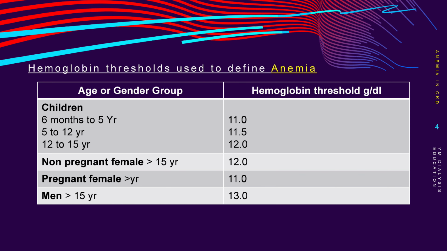In adults with CKD, for females aged 15 years or older, anemia is diagnosed with a level of less than 12 grams per deciliter or 120 grams per liter. For men, a hemoglobin level of less than 13 grams per deciliter or 130 grams per liter is diagnostic of anemia.